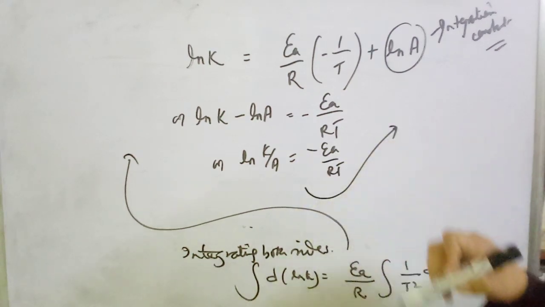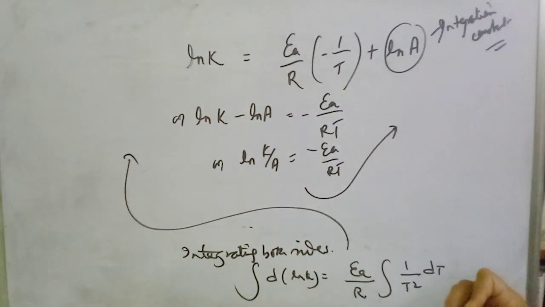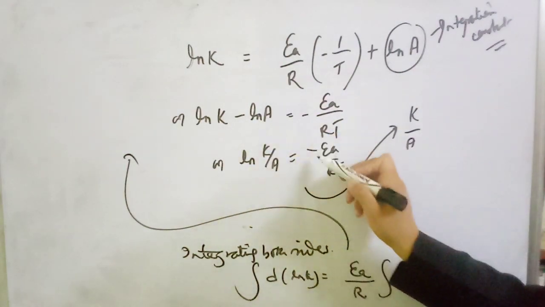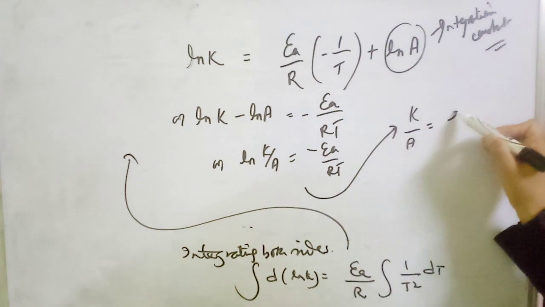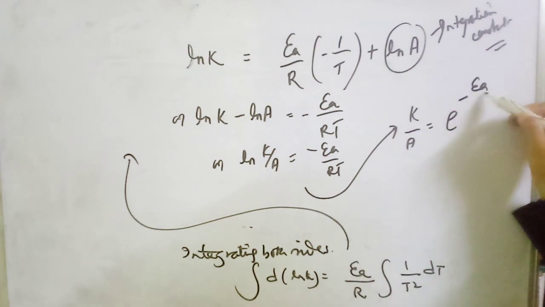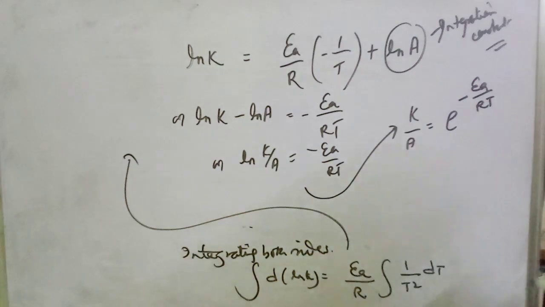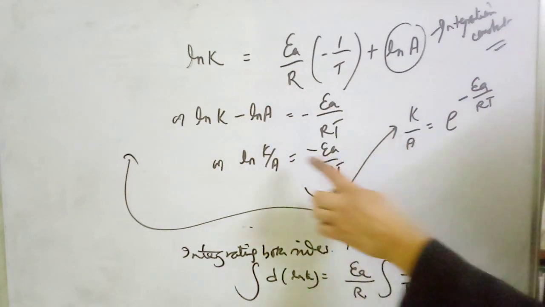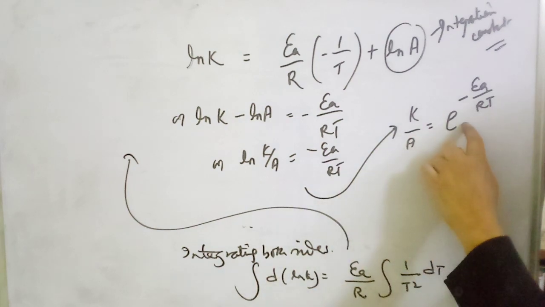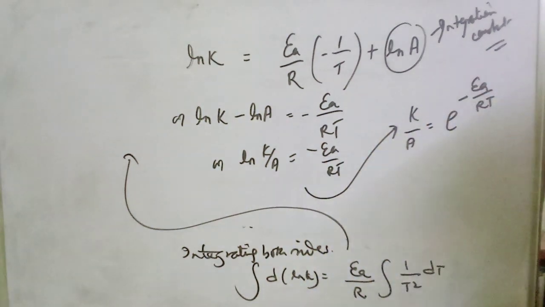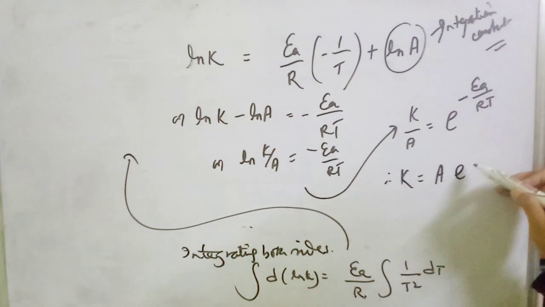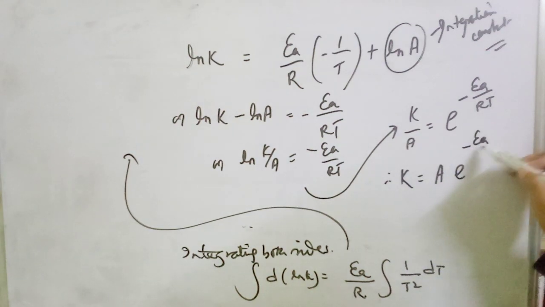Now we can simplify this way. You can write k upon A, and this ln can be written on this side as an anti-log, e power minus EA upon RT, because if ln goes to the other side, then exponential you can write. So k upon A equals exponential minus EA upon RT. Therefore k equals A e power minus EA upon RT.